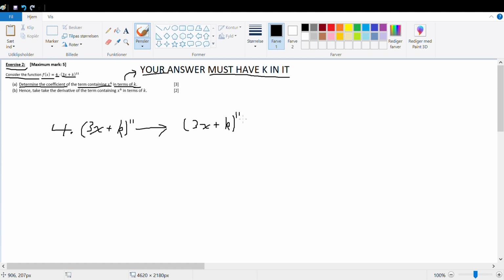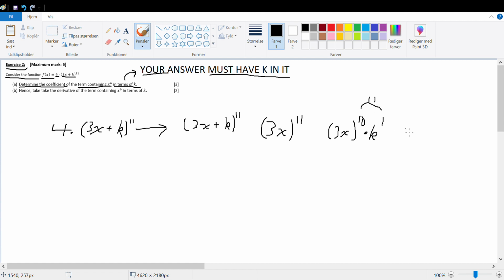If we were to expand this, we would see that there would be one where we would have 3x to the 11, and then we would have another one where we would have 3x, not to the 11, but to the 10, and then we would have times a k to the 1. Remember, the powers up here, both of those, they must add up to 11.